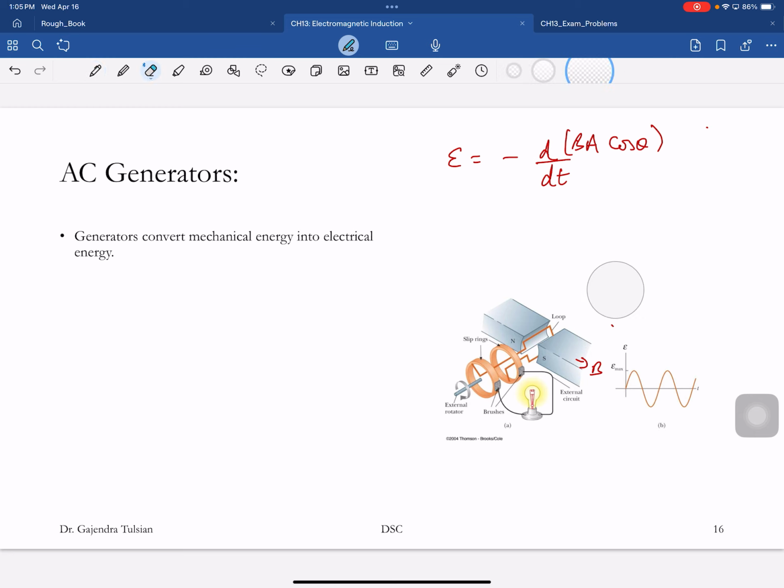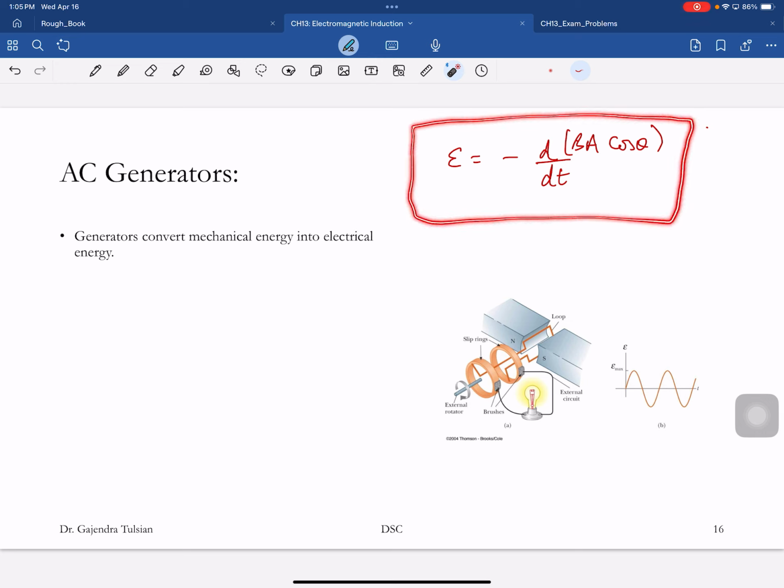All right, so now we'll talk about applications. Again, this is the flux rule. You induce an EMF as long as you're changing one of these quantities, the magnetic field, area, or that angle. And like we keep saying, the angle between the area vector and the magnetic field is the easiest to change, operationally.